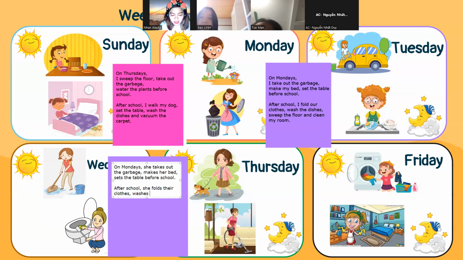She sweeps the floor and cleans her room.